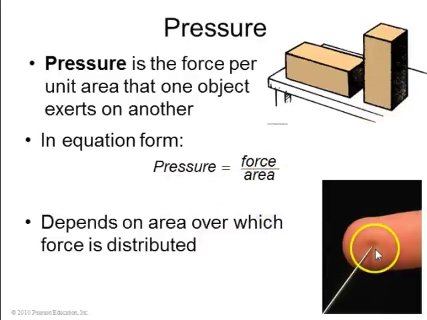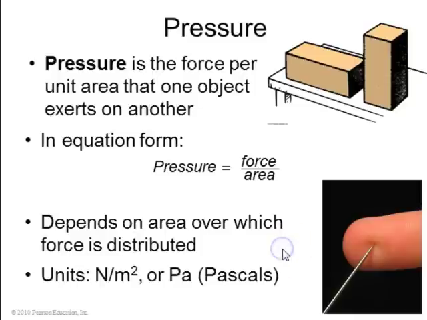And if you really shrink the area, like at the point of a pin, you can have a very high pressure, and this is what causes pain, actually. It's pressure, not force. And the units of pressure are newtons per meter squared, and there's a special name for that. It's called the Pascal. 1 Pascal is 1 Newton per meter squared.